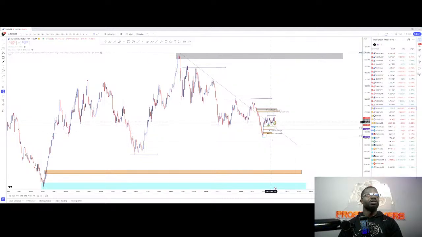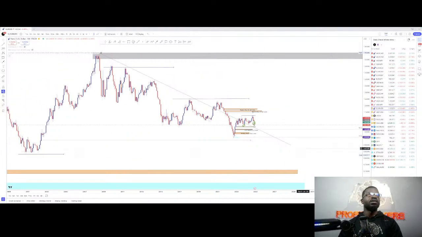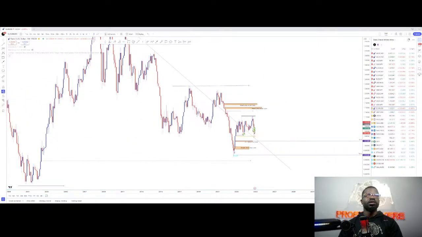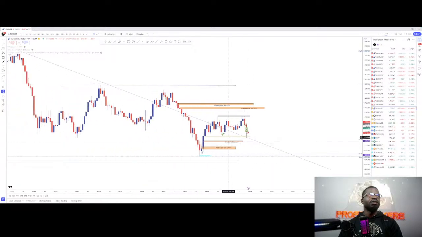I know the entire world assumed that we would have a continuation in this uptrend, but this thing dropped and retested the trend line here. At this point, honestly, there's no way that we can tell what is going to happen exactly until this area of support is broken.